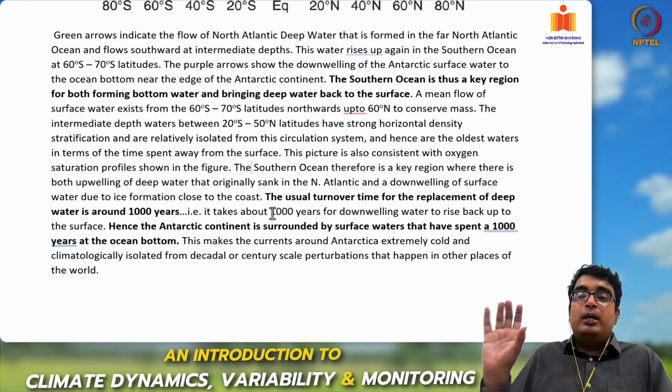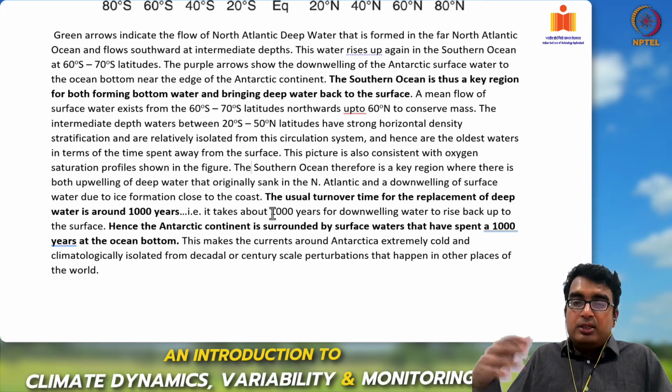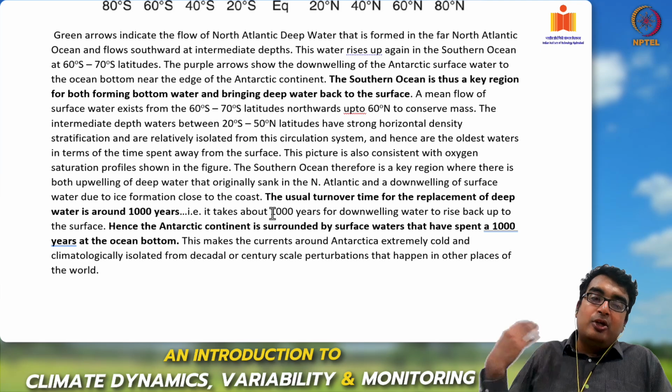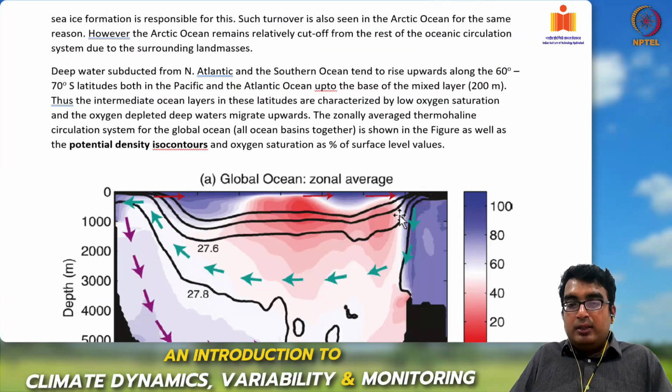The usual turnover time for the replacement of deep water is around 1000 years. That is, it takes about 1000 years for water that has sunk down to the deep layers to rise back up to the surface. So this water going down, if it rises back up here, this entire process takes around 1000 years. That's how slow this process is.